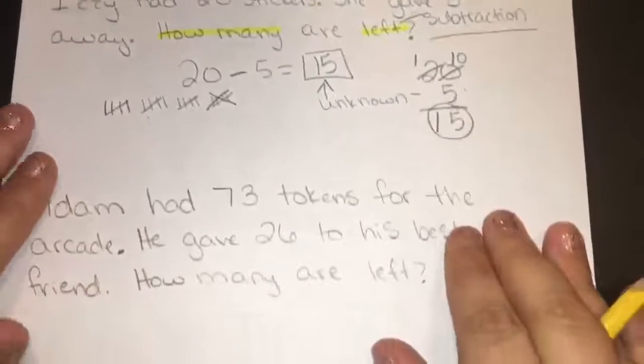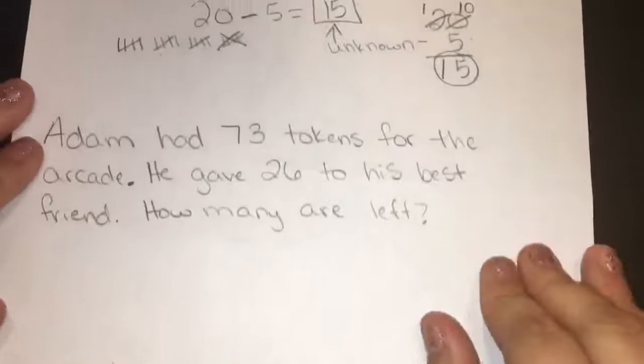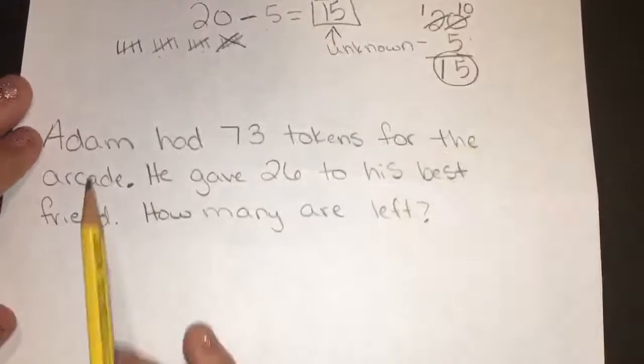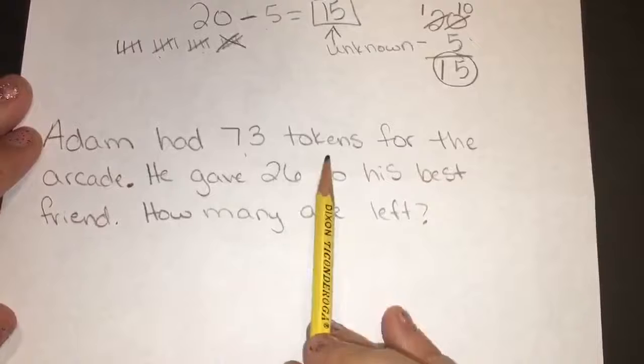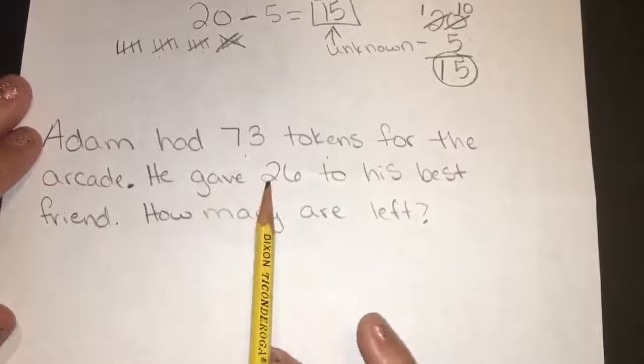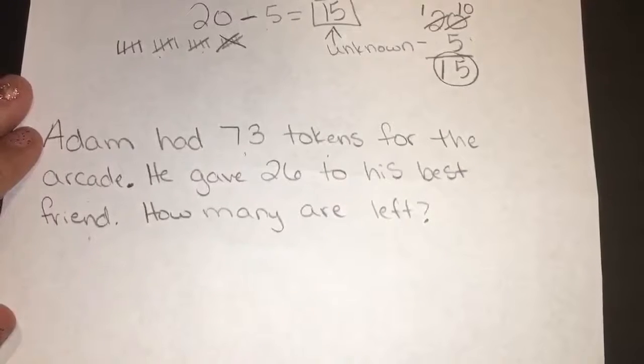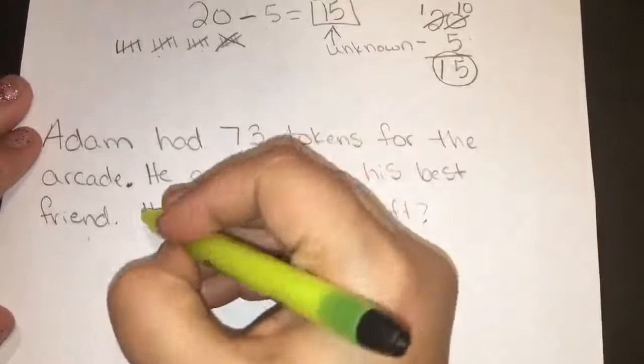Let's take a look at one more subtraction problem. All right, so in this one, Adam had 73 tokens for the arcade. He gave 26 to his best friend. How many are left? Oh, do you see that keyword again? I know I do.